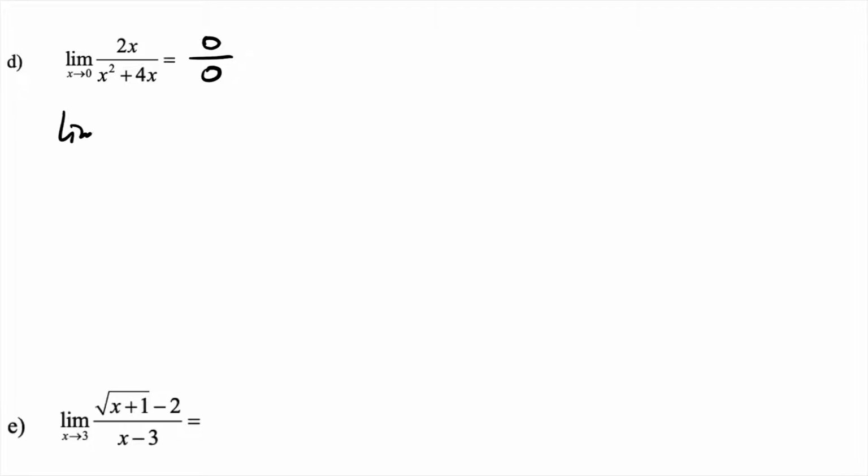Okay. So the limit as x approaches 0, the top is just 2 times x. It's a monomial. But the bottom is x, and then when I take that out, it's going to be x plus 4, right? Will anything factor out?